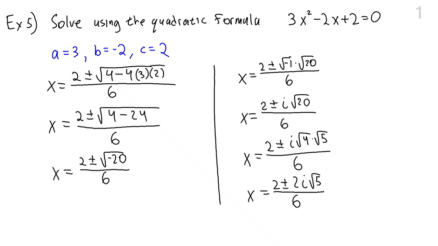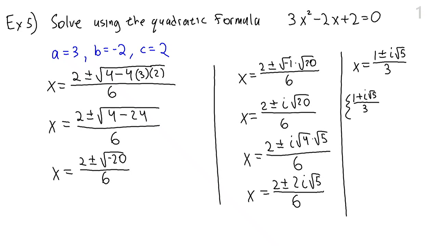And we can factor out a 2 from the numerator and denominator and get 1 plus or minus i times radical 5 over 3. And these are the final two solutions. 1 plus i times radical 5 over 3, and 1 minus i times radical 5 over 3.